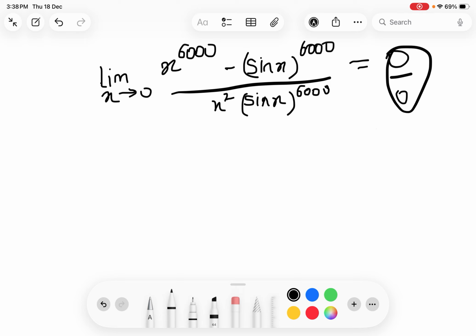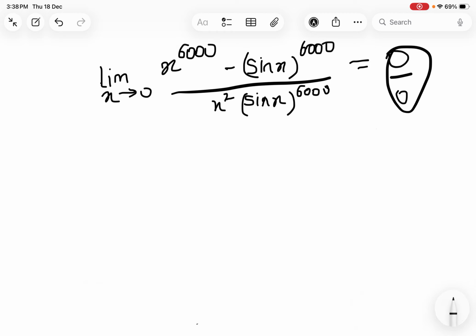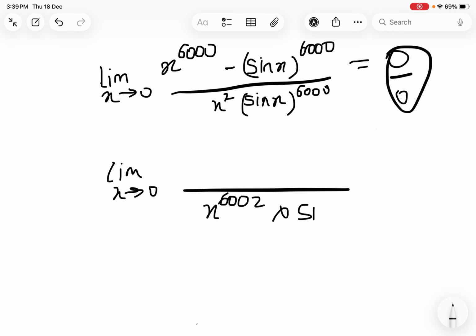So no one is dumb enough to differentiate it 6000 times, so L'Hopital won't work over here, right? So we have to think of something else, and let's see what we can do. First, we can satisfy the denominator, that is, bringing this term in the sine x by x form, because when x tends to 0 then sine x by x tends to 1. So we can say limit of x tending to 0, we can multiply x raised to power 6000 and divide x raised to power 6000, so we have x raised to power 6002 into sine x by x raised to power 6000, right?